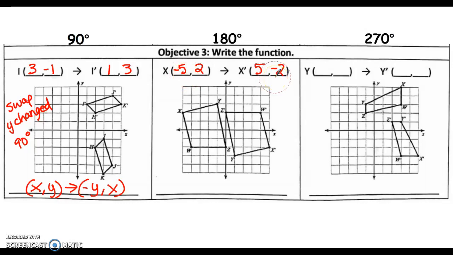Then I ask, did anyone's sign change? The 5's sign changes and the 2's sign changed. So both x and y change. So we know that when both x and y change, it is a 180 degree rotation. Now that we know which rotation it is, we just write down our function.